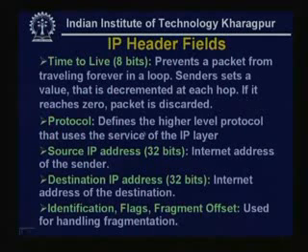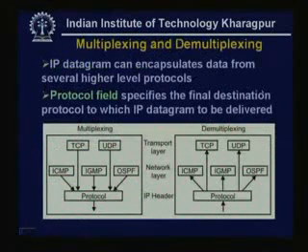Then the protocol field is there, which defines the higher level protocol that uses the services of the IP layer. The packets will be coming from different higher level protocols, so it has to do some kind of multiplexing with the help of this protocol field, as shown here. As you can see, the packets are coming from a number of upper layers like ICMP, TCP, IGMP, UDP, OSPF.